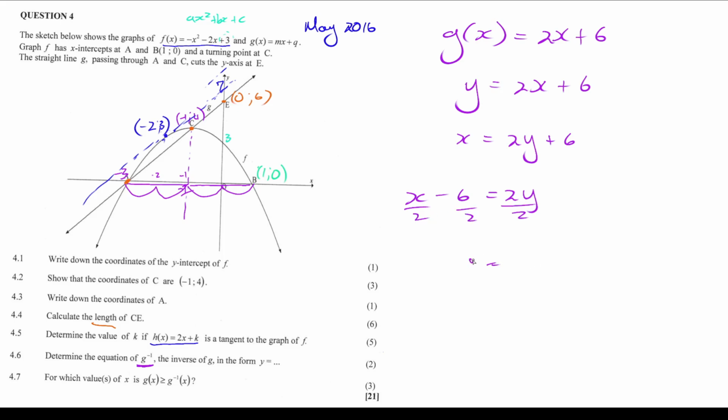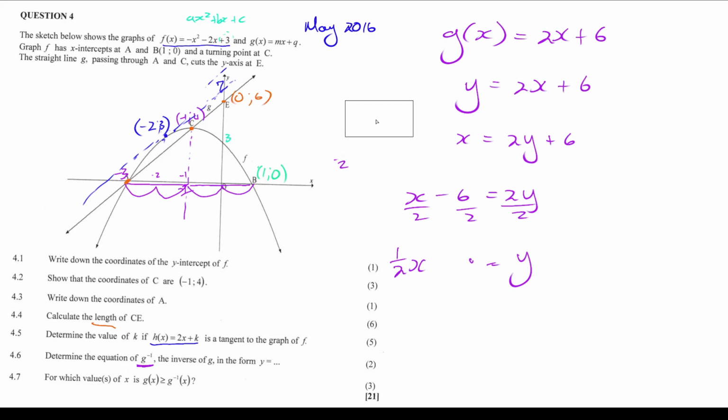I end up with y equals x over 2, which you can leave, or I like to write it as a half of x. Remember, x over 2 is the same as a half of x, because 1 over 2 times x over 1 would just give us x over 2 again, and this guy is on an invisible one.